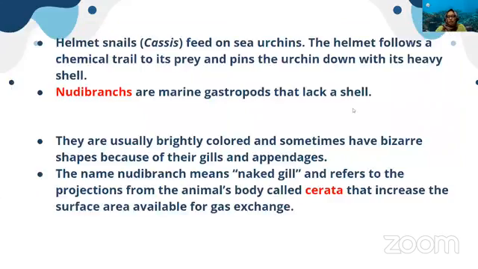Next, helmet snails also feed on sea urchins. But nudibranchs are marine gastropods that lack shells. So that's important. They don't have shells, so their body is exposed, not covered with shells.